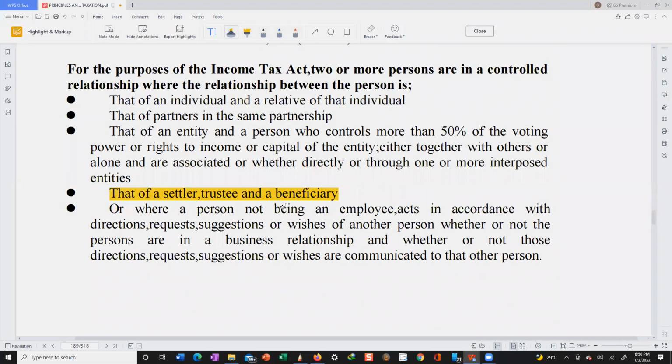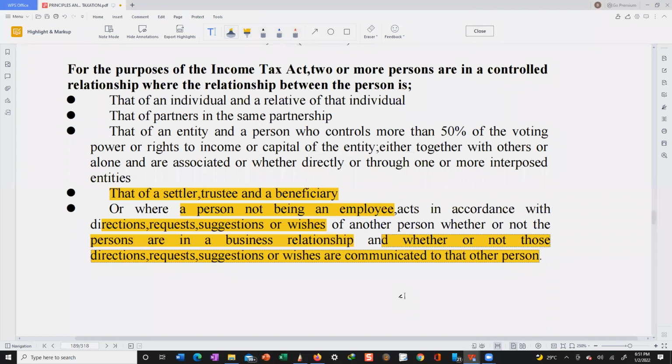Then another person who is not an employee, but acts in accordance with the directions, requests, suggestions, or wishes of another person, whether or not the persons are in a business relationship, and whether or not those directions, suggestions, or wishes are communicated to that other person, that is also a controlled relationship.